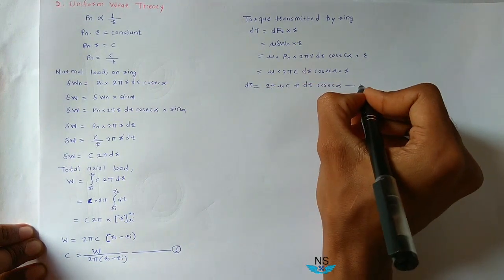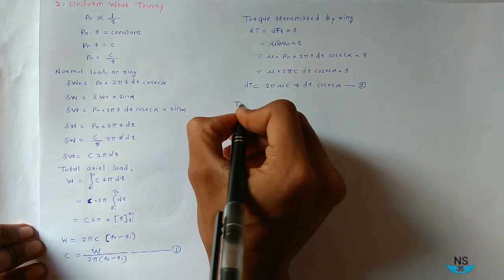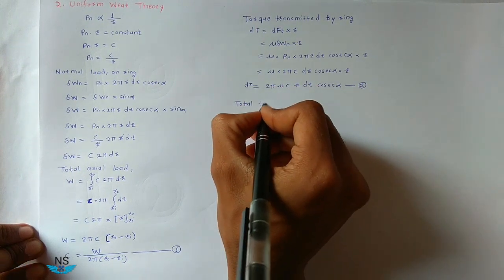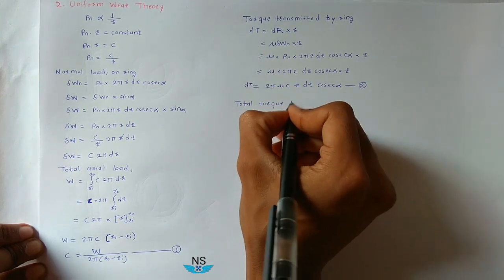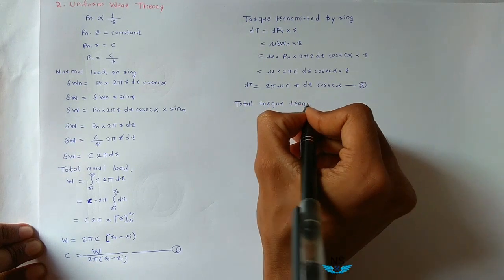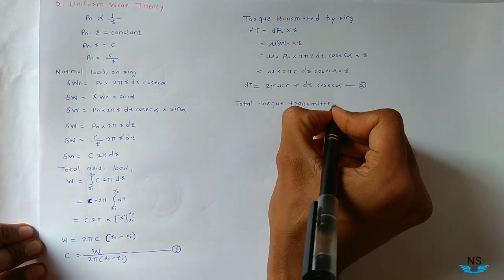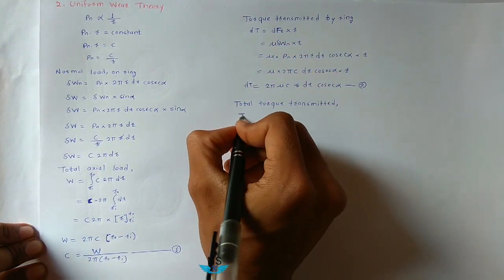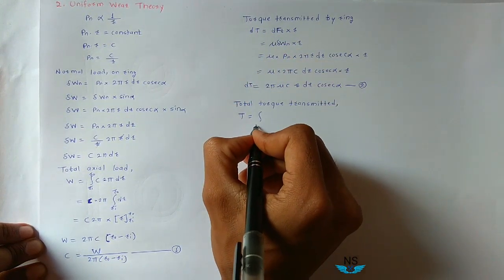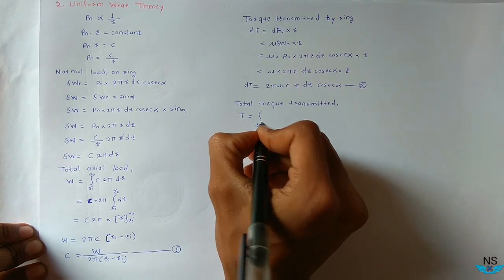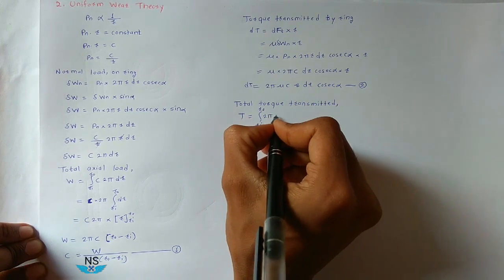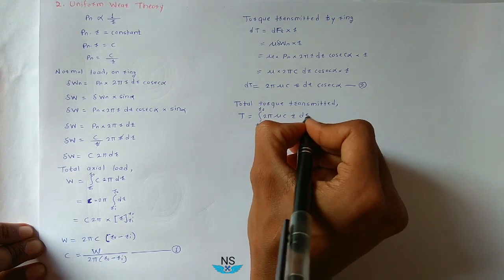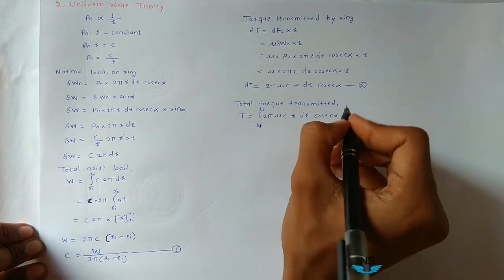Now we require the total torque transmitting capacity. So for total torque transmitted, take integration of this equation number 2. T is equal to integral from Ri to Ro of 2 pi mu C r dr cosec alpha.